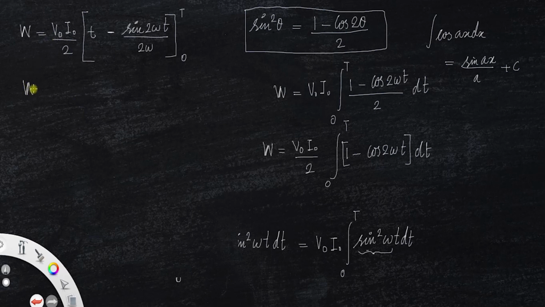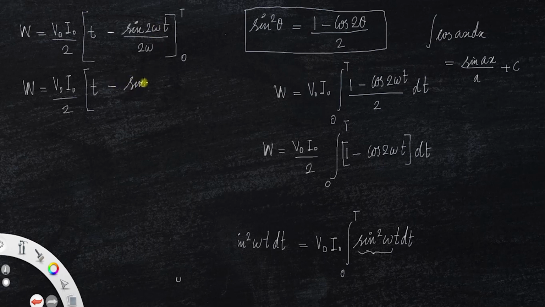Now W is equal to V0 I0 by 2 into t minus sine 2 omega t divided by 2 omega. Before putting the upper limit and lower limit, I can change the value of omega.